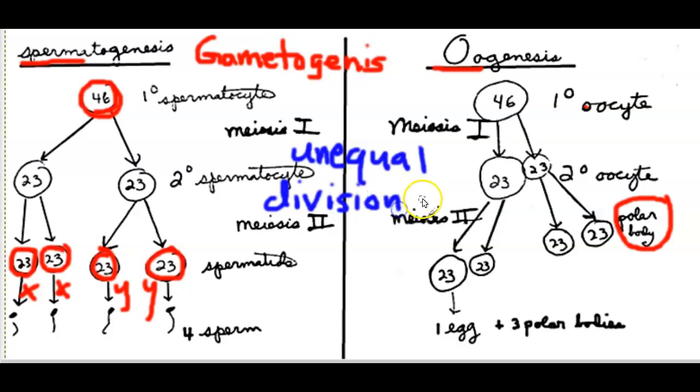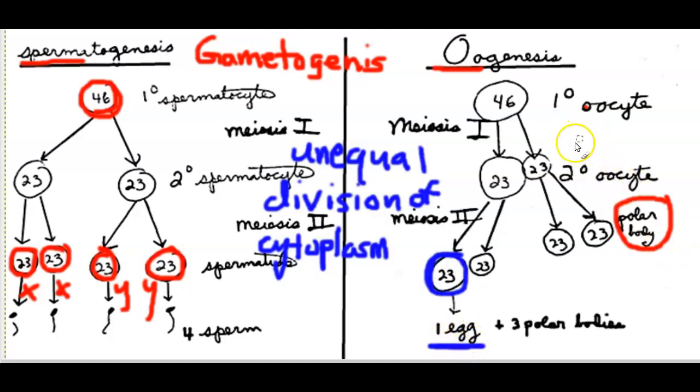Hold on, just pay attention to what I'm doing. So in this case, there actually is only going to be one egg. Unequal division of the cytoplasm will cause a polar body.